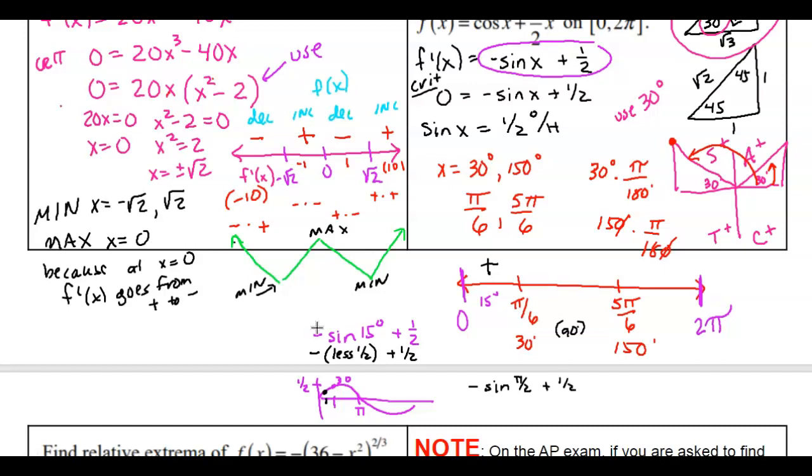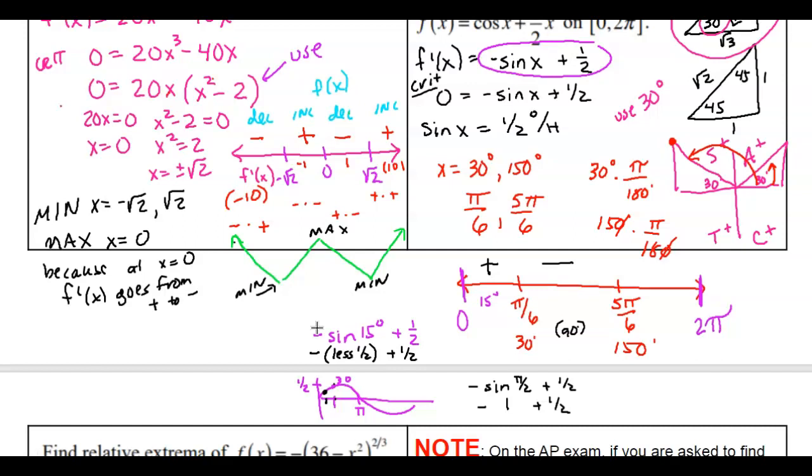So go back to your sine. Well, at pi over 2, it's actually 1. So I get negative 1 plus 1/2. Which is negative. And then it probably will change signs because that's how cosine works.